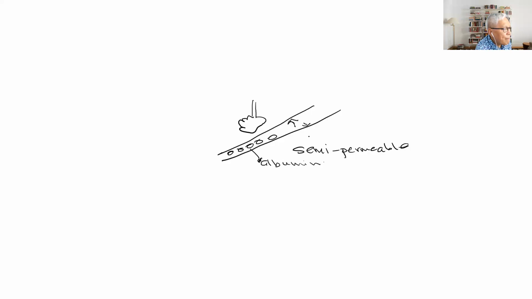But when you stretch it out, this albumin comes out over here and attracts water, and therefore water goes into the interstitial spaces of the pulmonary tree. That is the reason why you cannot exchange oxygen and carbon dioxide efficiently.